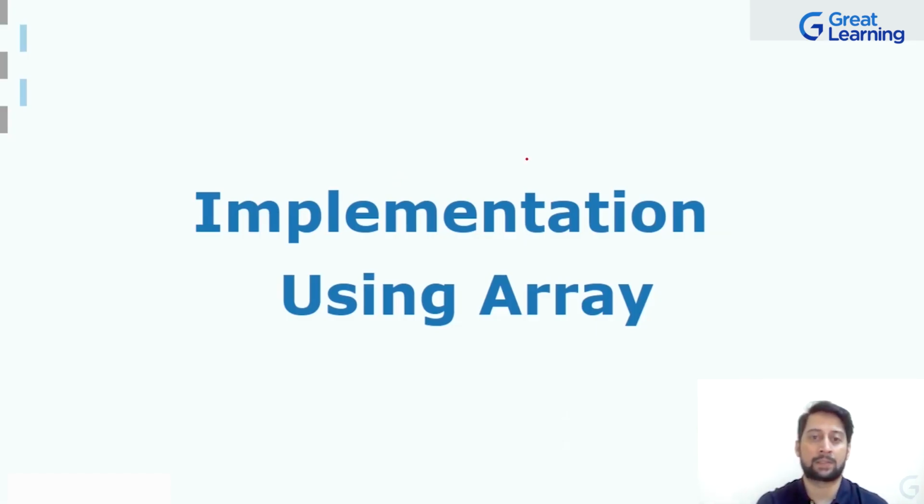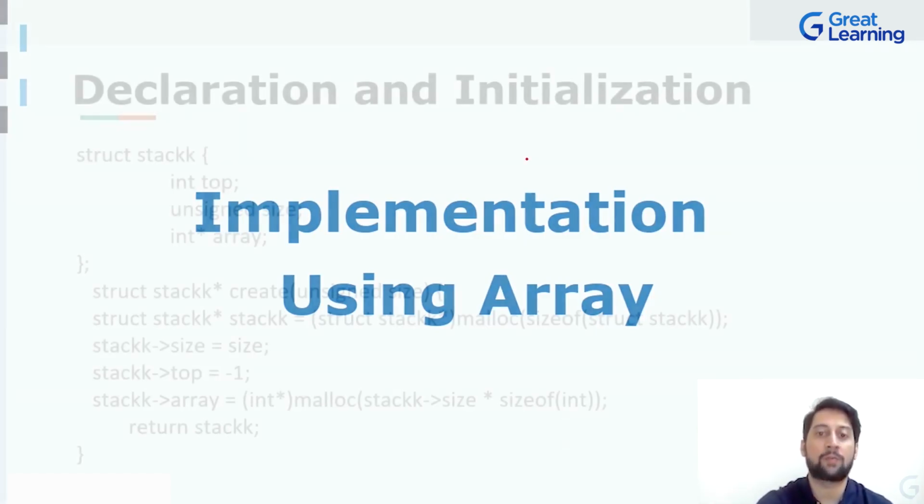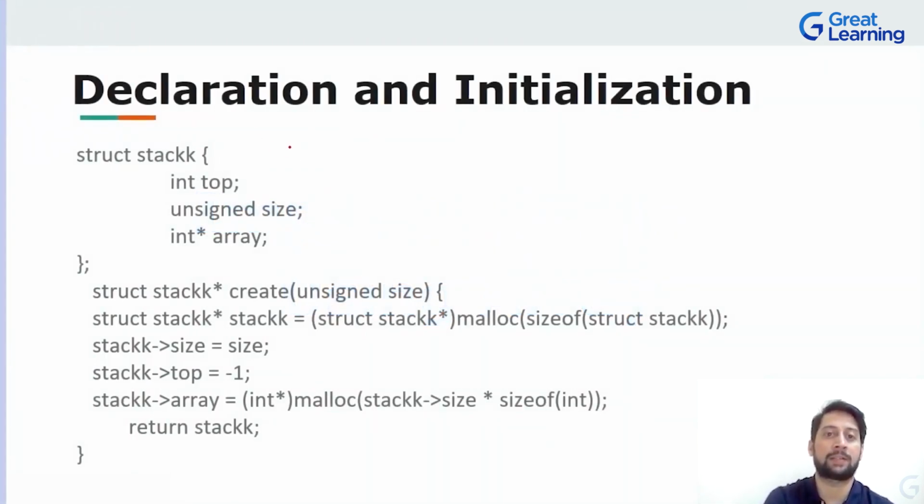Now let's try to implement stack using arrays. Before we do that, let's try to understand the declaration and initialization whenever we are implementing our stack using arrays. We define a structure here and name it stack. In that stack structure, we have three data members. What are those data members? The top, which is used to access the top of the stack, used obviously for push and pop operations.